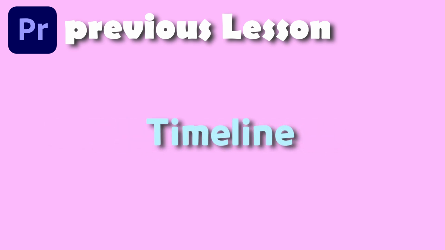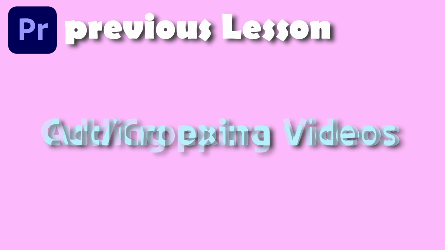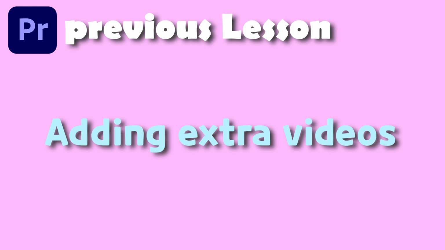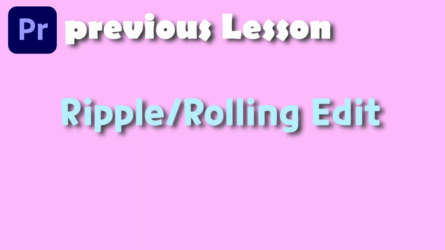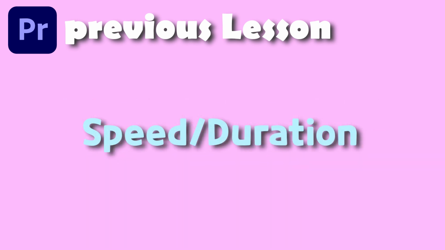timeline, video editing, like cutting videos, adding extra video, importing new videos you want, ripple, rolling edit, and slip and slide tools like that. A lot of tools. Also, we learned about how to change the speed and duration.